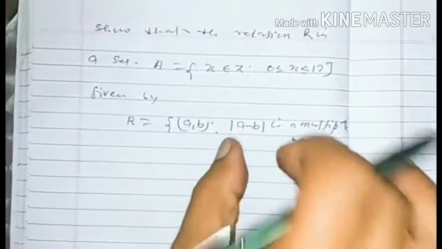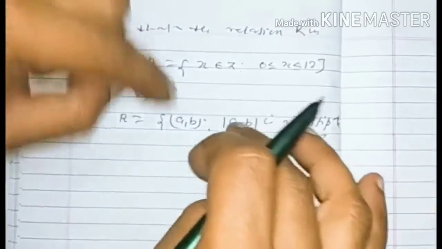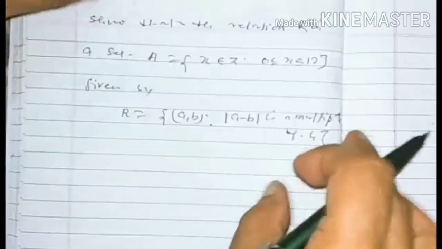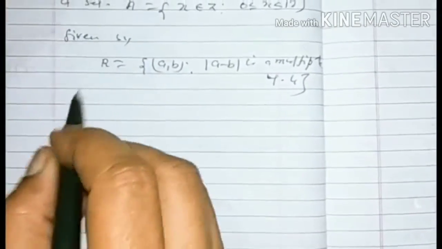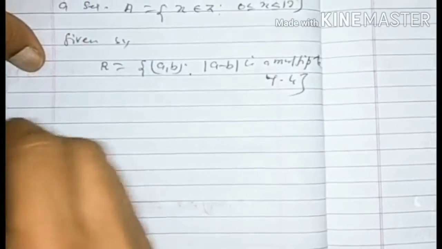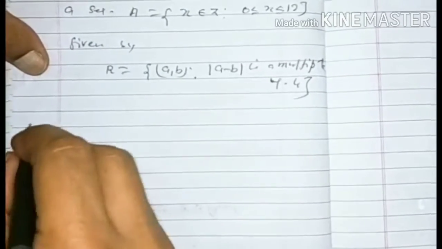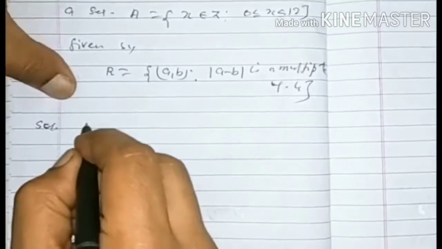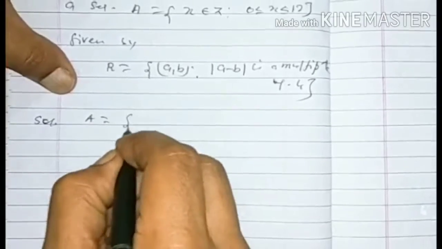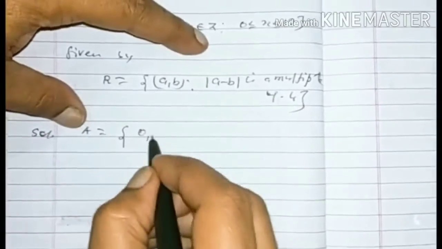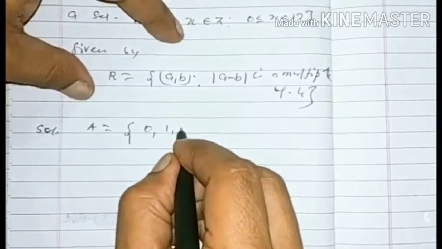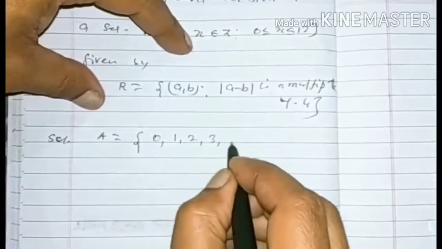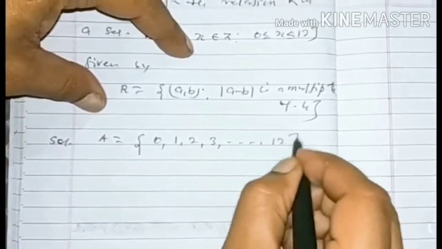This is the relation established on a set A. First of all, we form the set A. Solution: A is equal to 0, also included, 0, 1, 2, 3 and so on up to 12. This is the set A.